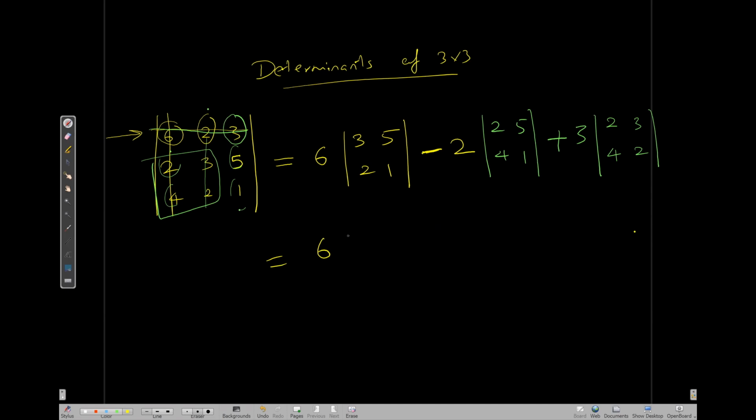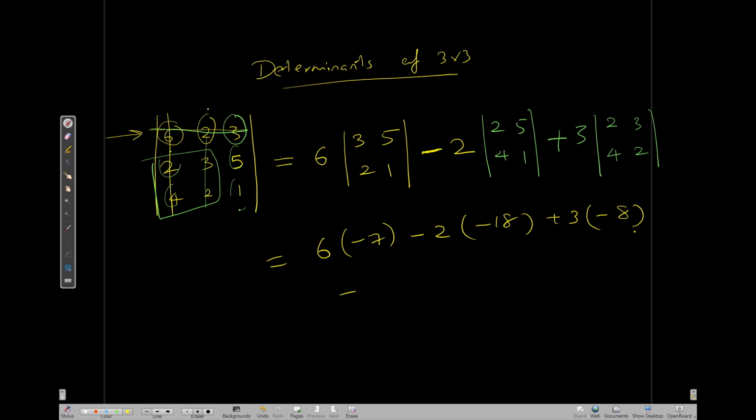So 6 times, and you know how to do 2 by 2: 3 into 1 minus 2 into 5, so 3 minus 10, negative 7. Minus 2, 2 into 1 minus 4 into 5, so 2 minus 20, negative 18. Plus 3, 2 into 2, 4 minus 12, negative 8.